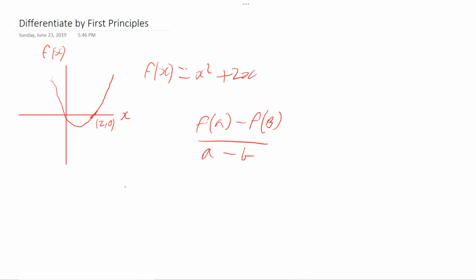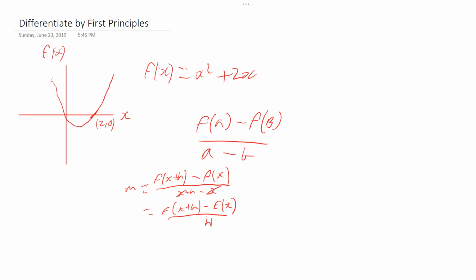So if you're trying to find a gradient, m equals f of x plus h minus f of x on x plus h minus x. And these x's cancel, which just leaves you with f of x plus h minus f of x, on h. So that's your general formula you can use for everything.